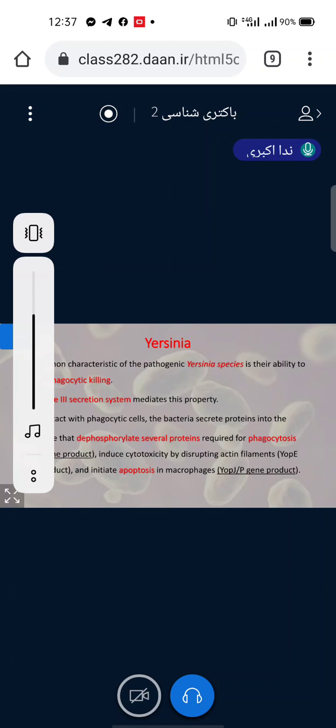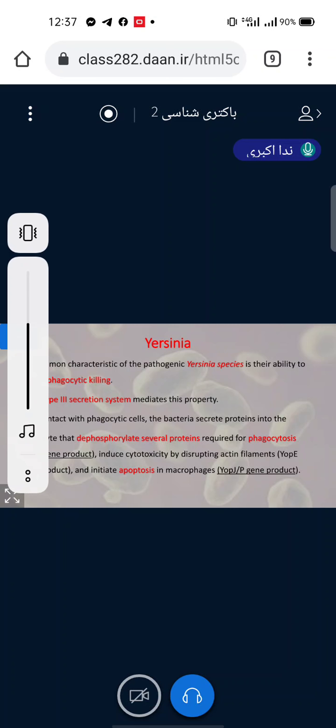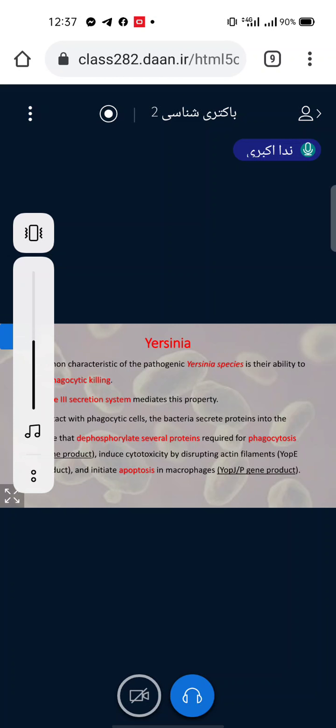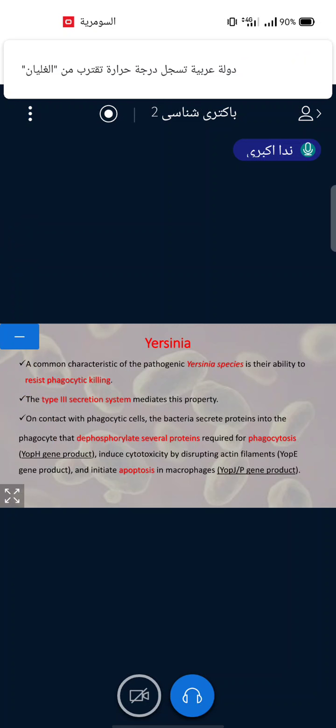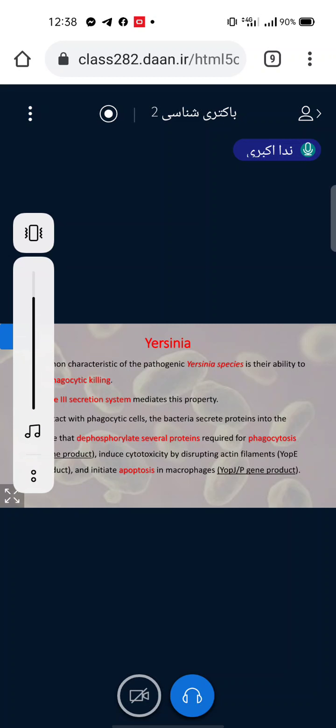On contact with a phagocytic cell, it means when a bacteria is face-to-face with a macrophage, the bacteria secrete proteins into the macrophage that dephosphorylate several proteins required for phagocytosis.